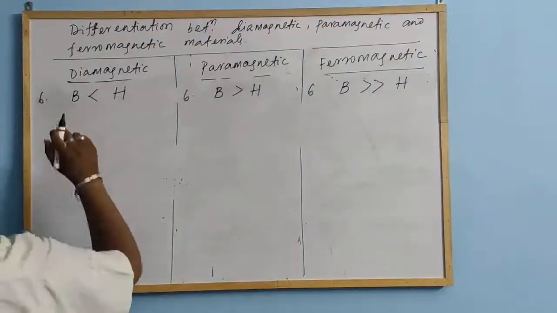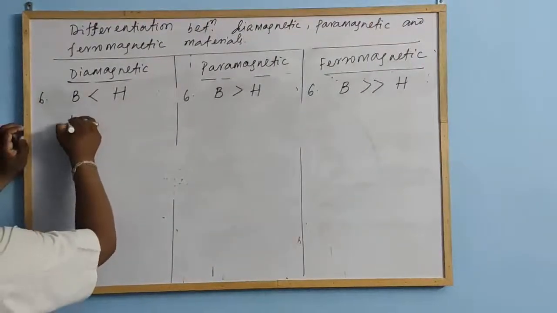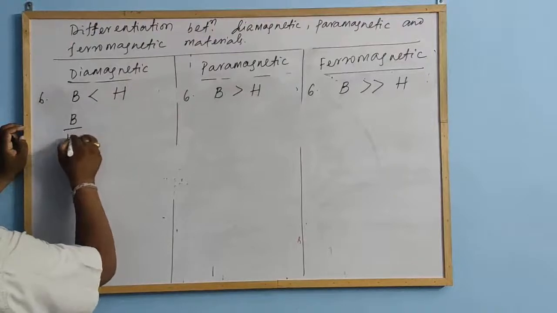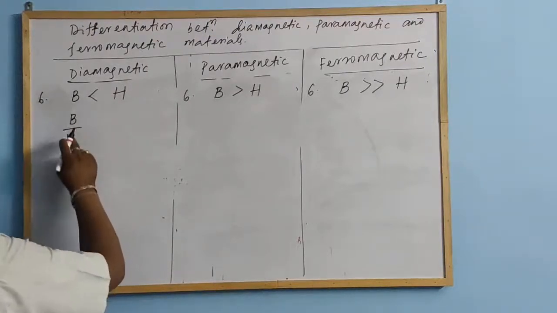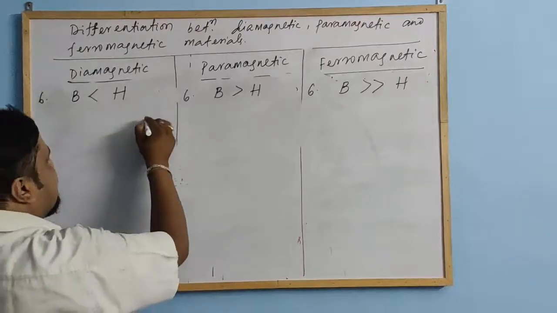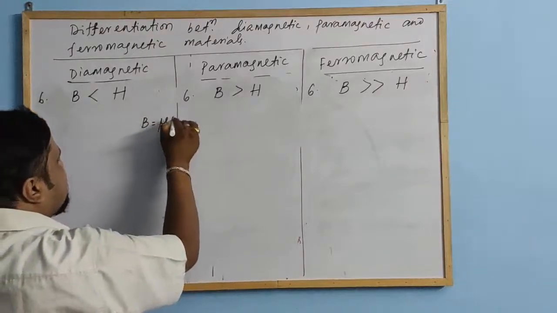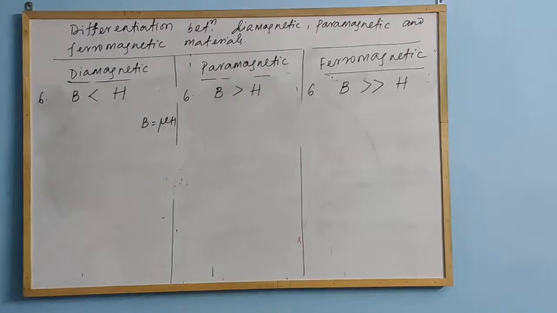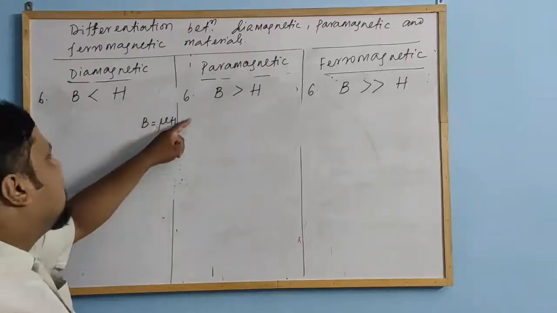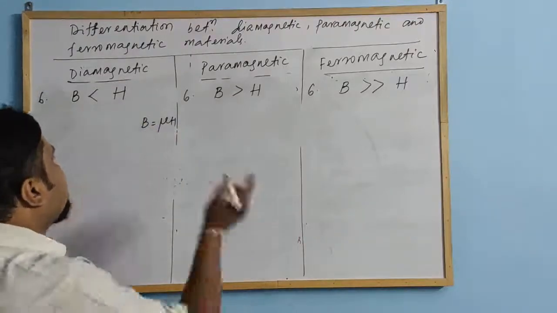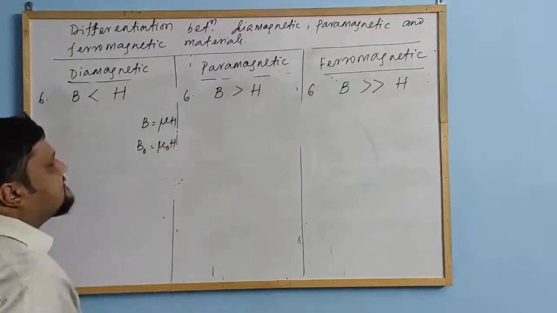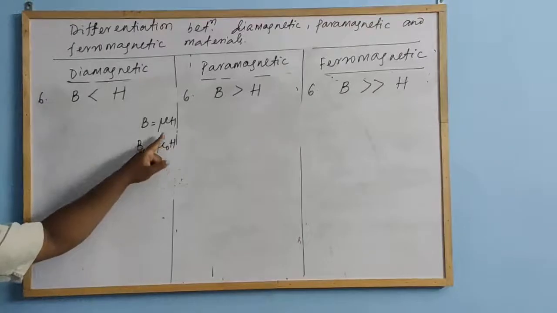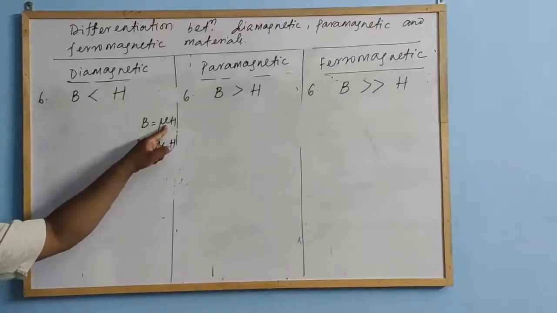So from here we can say that, as you know, B by H, or you can say that B is equal to mu into H. The flux density is related to magnetizing field by B equal to mu H; for free space, B equal to mu naught H, where mu naught is the permeability of free space and mu is the permeability of the medium.